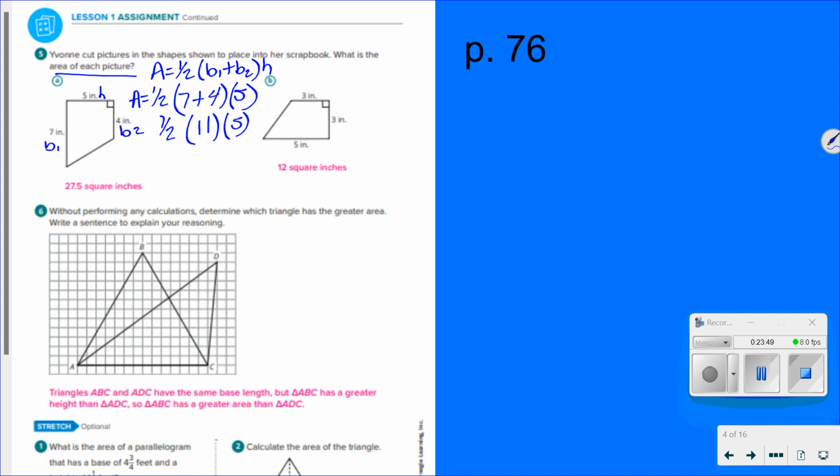If you're not, then just multiply the 2 first. 11 times 5 is 55. And we're going to multiply it by half, so we're dividing 55 by 2. So our answer is area equals 27.5 inches squared.